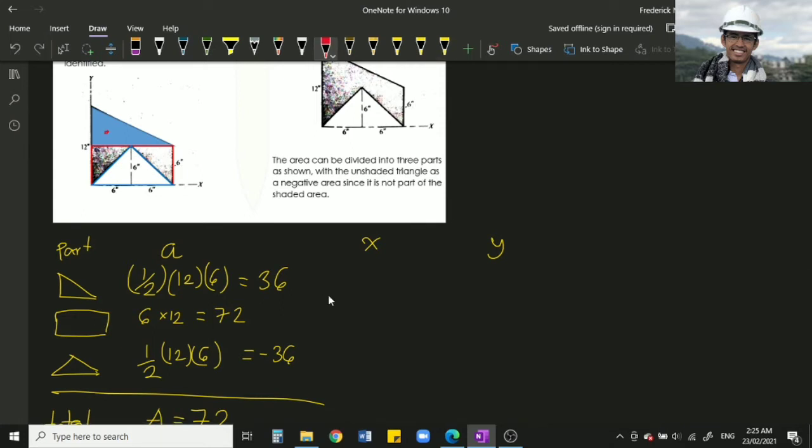So, this will be 6 plus, so yung 1/3 nung height ng ating triangle, so 1/3 ng 6, okay? So etong distance dito, so this will be 1/3 times 6, so that will be 2. 6 divided by 3, that will be 2. So 6 plus 2, that will be 8.